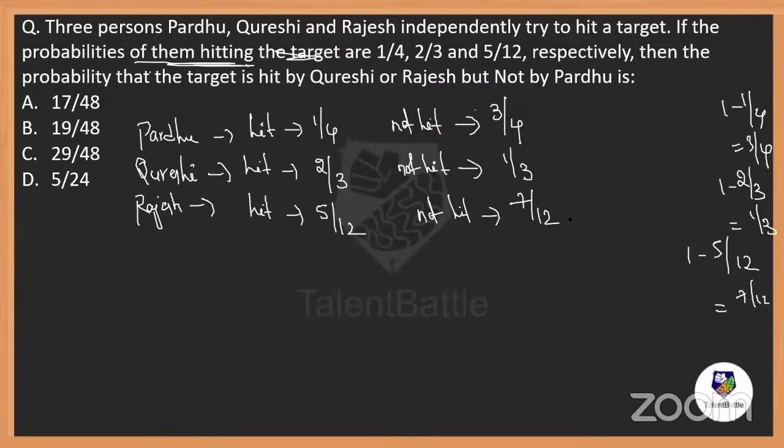Now I need to identify the cases where the target is hit by Qureshi or Rajesh, but not by Prabhu. Whatever the target is, it should not be hit by Prabhu.